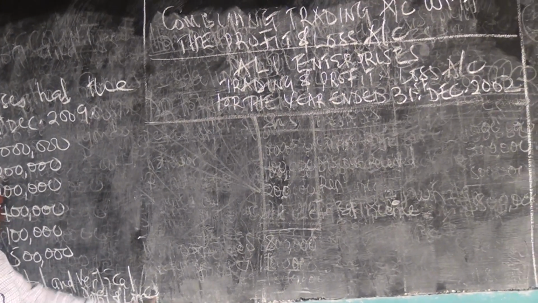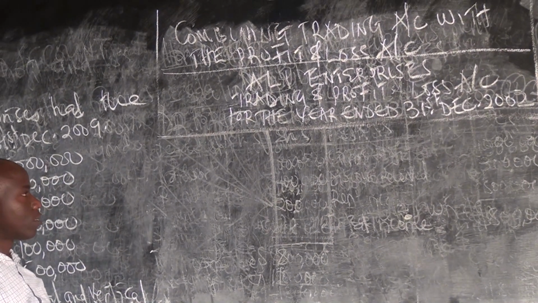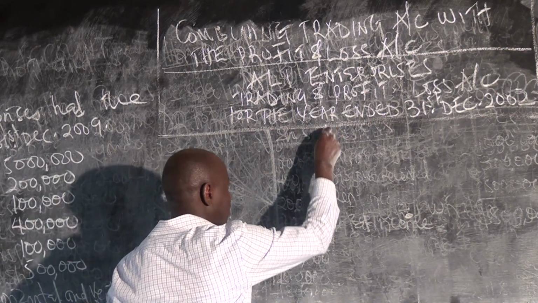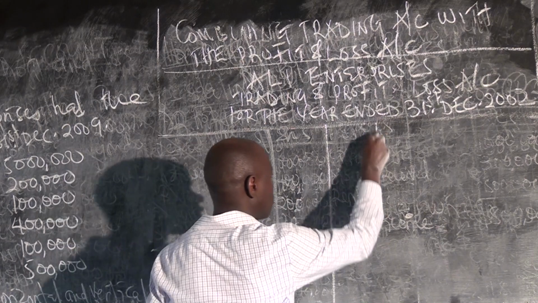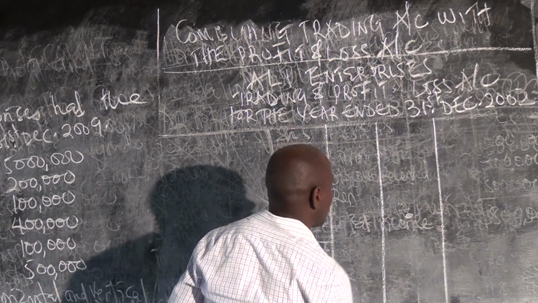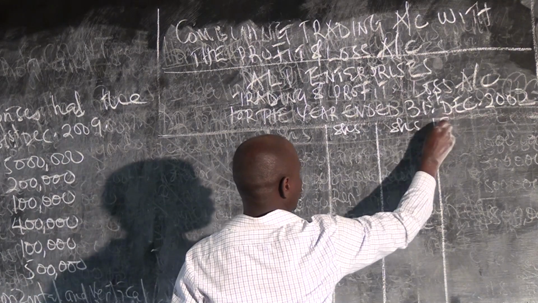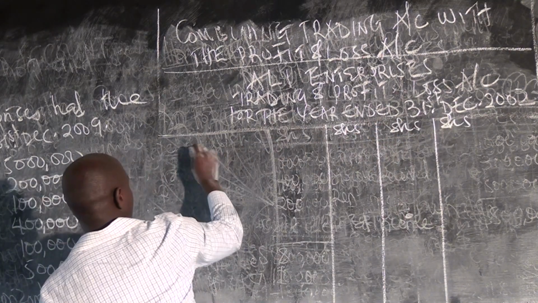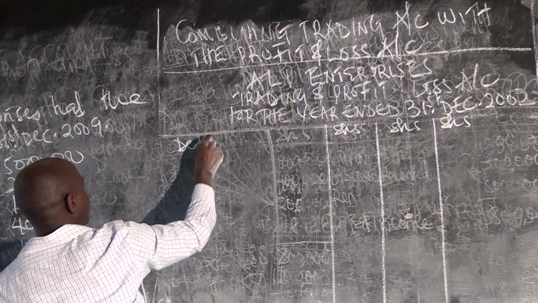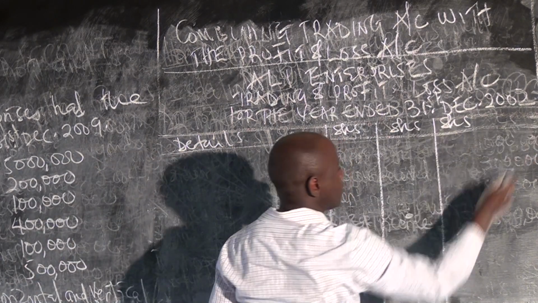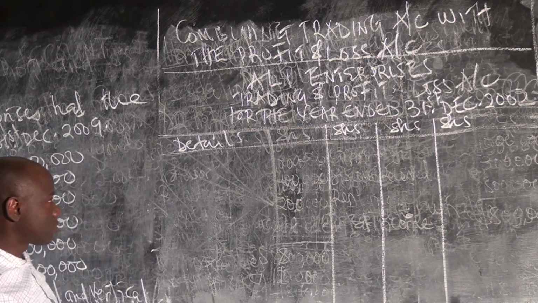Allow me to combine these two accounts using the vertical format. Shillings, shillings, shillings. And here we have details. I'm combining the trading account with the profit and loss account.